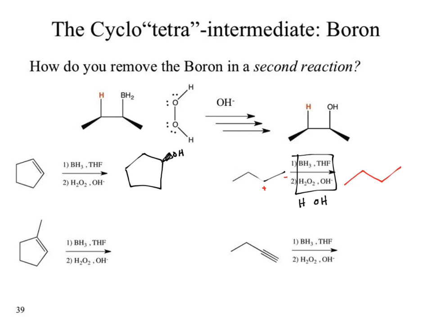Because it's the boron reagent, I need to remember that it adds H and OH and it adds it the opposite of what I would expect. If I would expect the hydrogen to go to the negative, where should it go? To the positive. Where should the OH go? To the negative. Horrible. I don't like that.